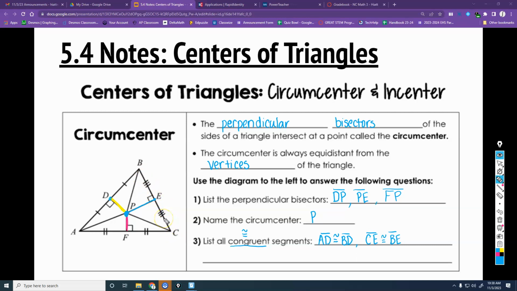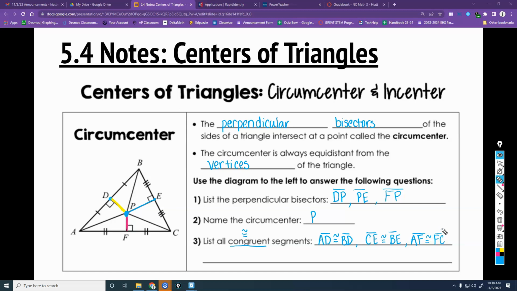But even if they didn't have that there, since we know P is the circumcenter, we would know that those two are congruent, even if it's not marked. AF and FC. Okay?